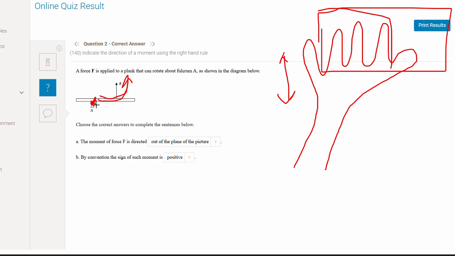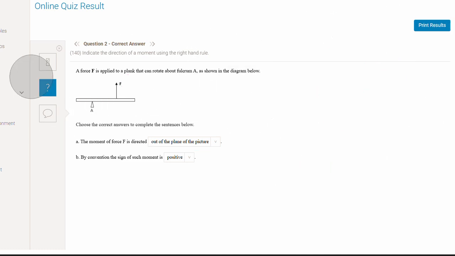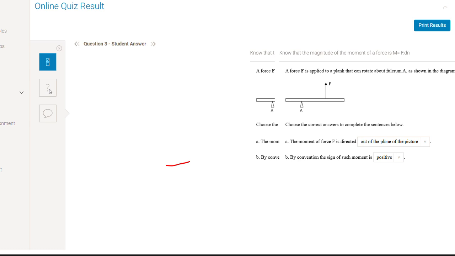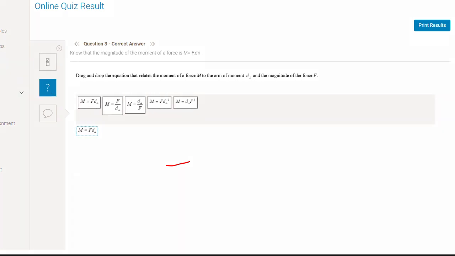You will realize that the thumb is pointing at you, and this means out of the plane of the picture, so it's going directly at you. And always memorize this: if it's going at you, then it's positive; if it's going inside, then it's negative. That's it. Next question. Let me just erase this.